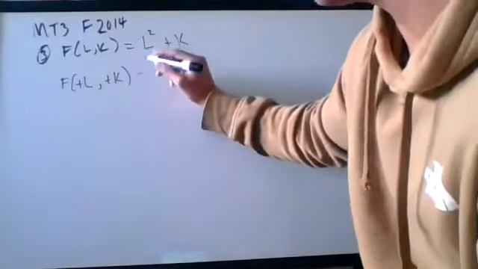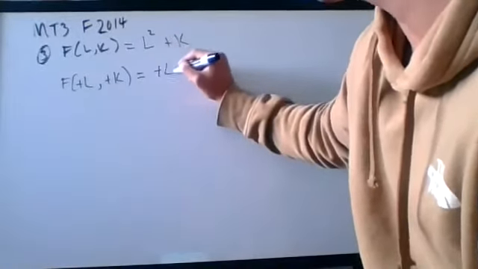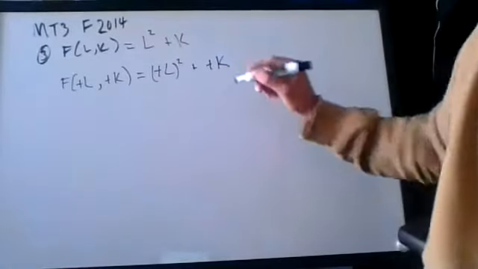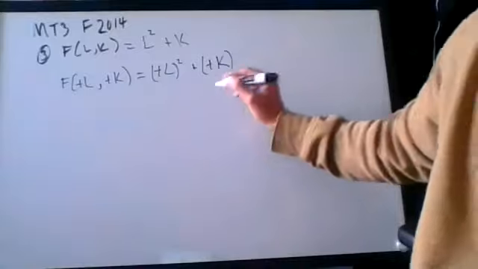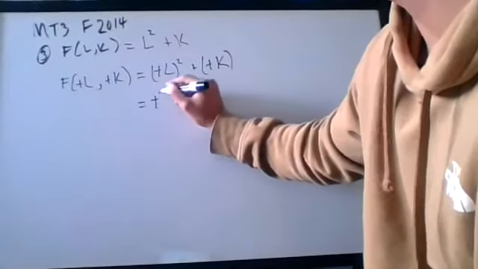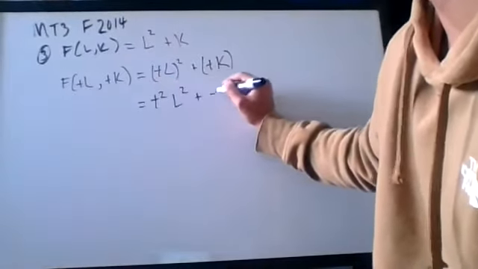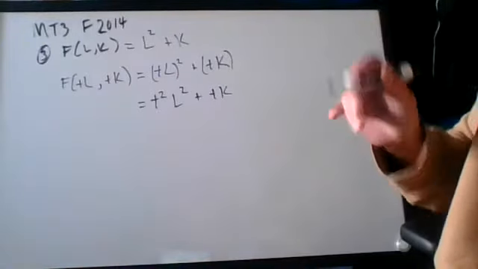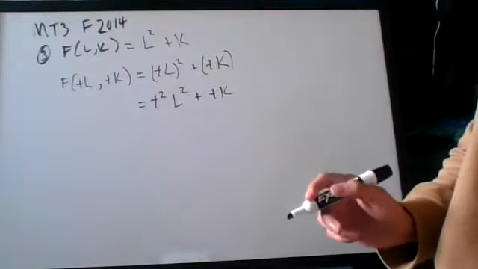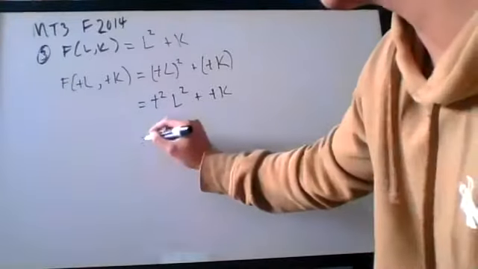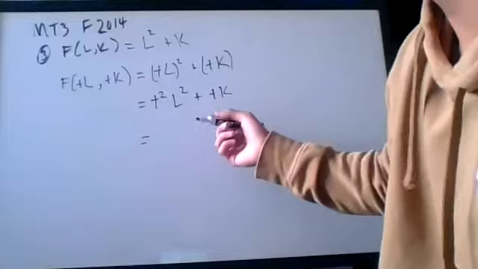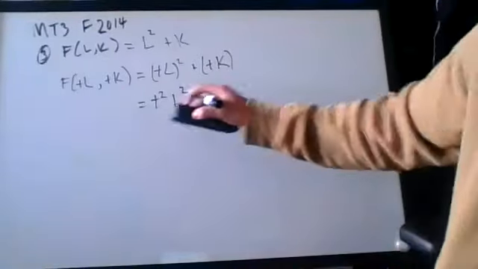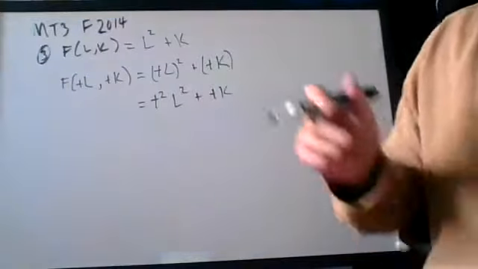So if I apply this t constant to my inputs, what I get is t squared L squared plus tK. Actually, I don't think it's worth pulling out, but just know that you could simplify this a bit more.